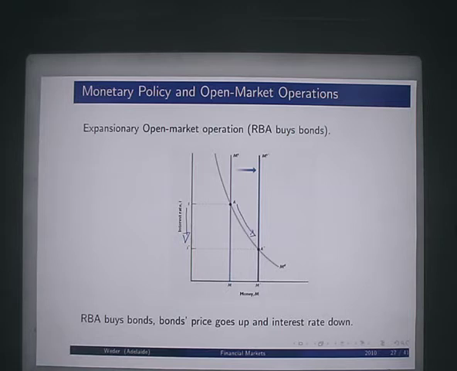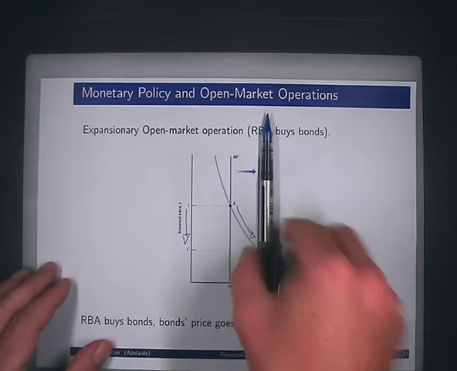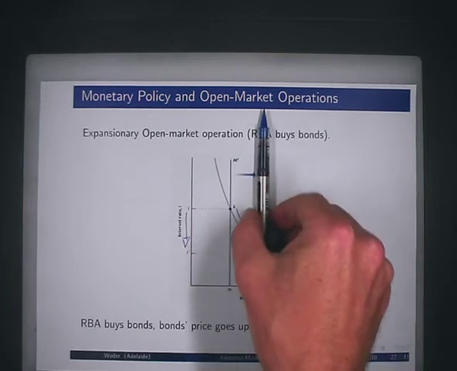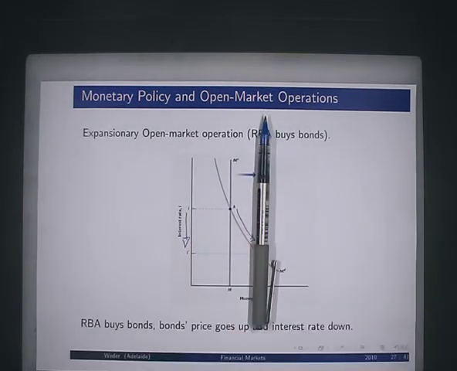So that's the working of an expansionary open market operation. And of course, if this would be our initial equilibrium, it's point A prime, and we have a contractionary open market operation, so the RBA is selling bonds.